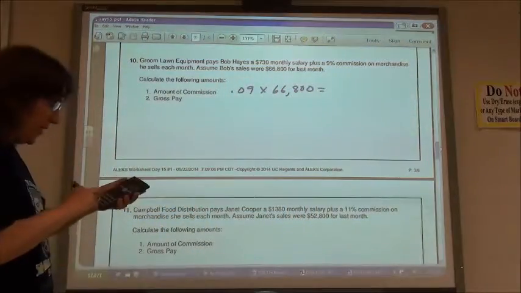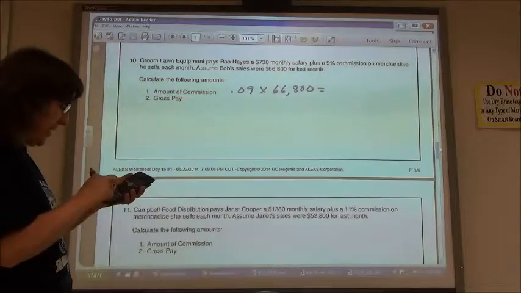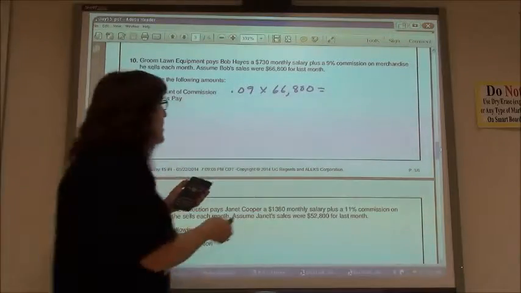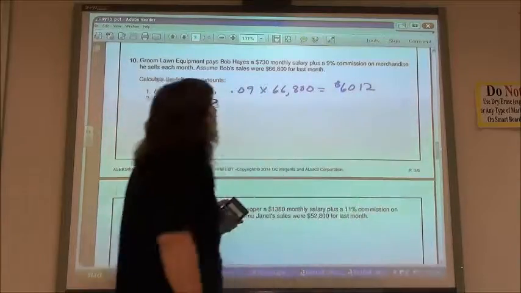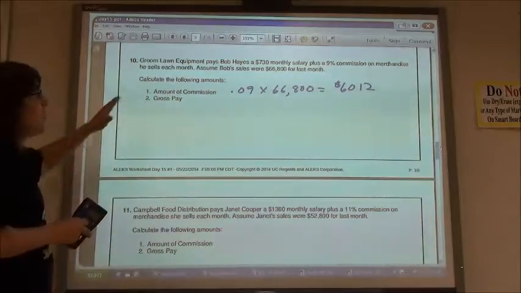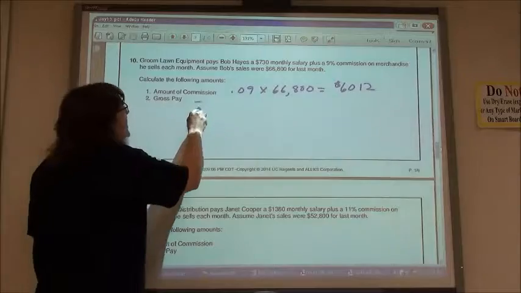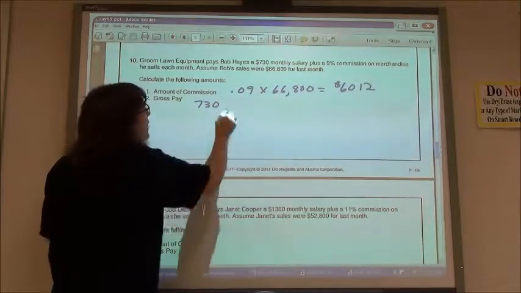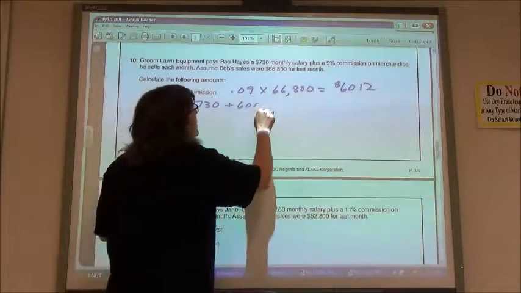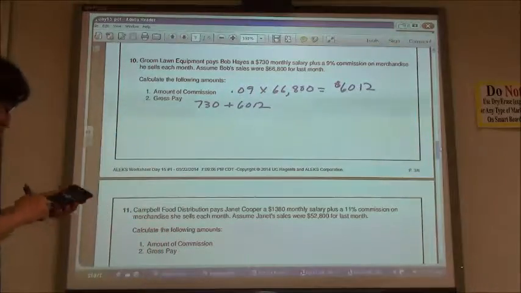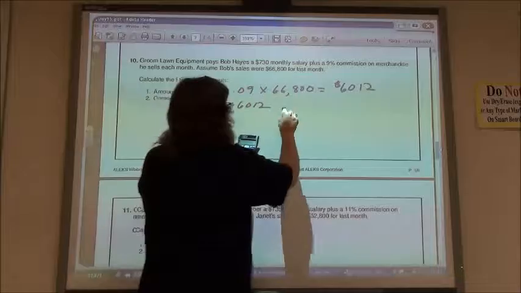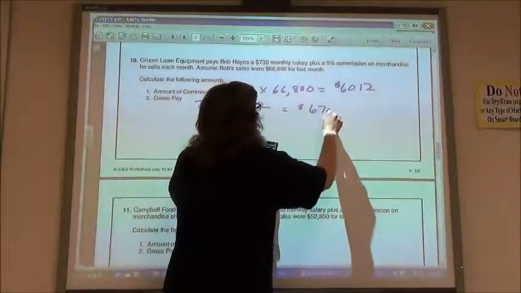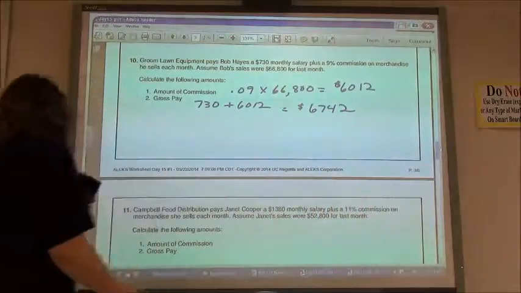So if I take 0.09 times 66,800, the commission is $6,012. So for his gross pay, he's going to get that $730 just for working, plus he gets $6,012 in commission. So if I add those together, his gross pay is $6,742.